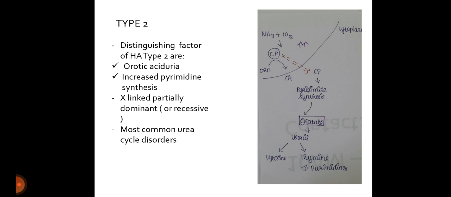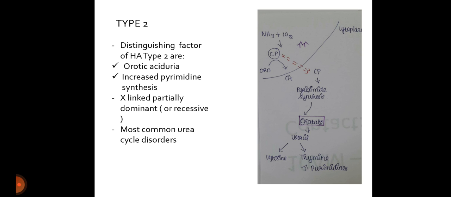Orotate is the intermediate product in pyrimidine synthesis. When orotate increases, it causes orotic aciduria, and it causes accumulation of orotate crystals, and pink granules will appear in urine, and this is insoluble in water. So the distinguishing factor of hyperammonemia type 2 is orotic aciduria.